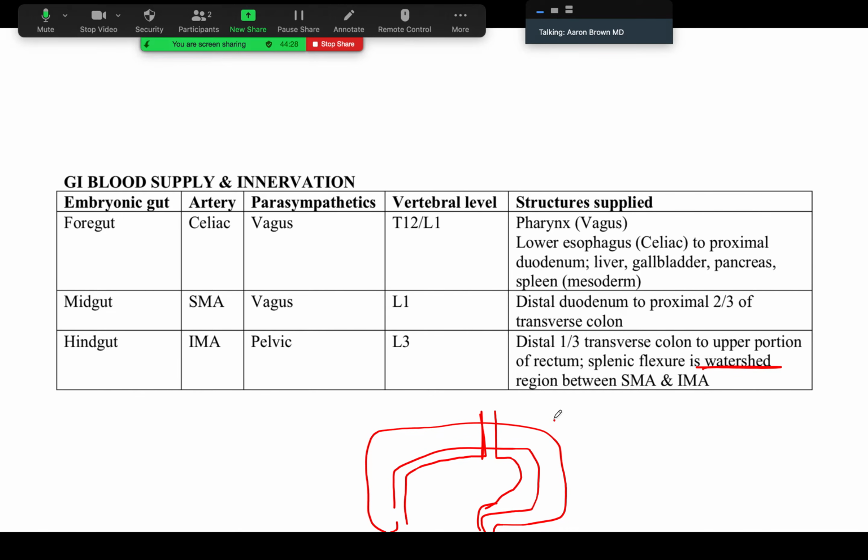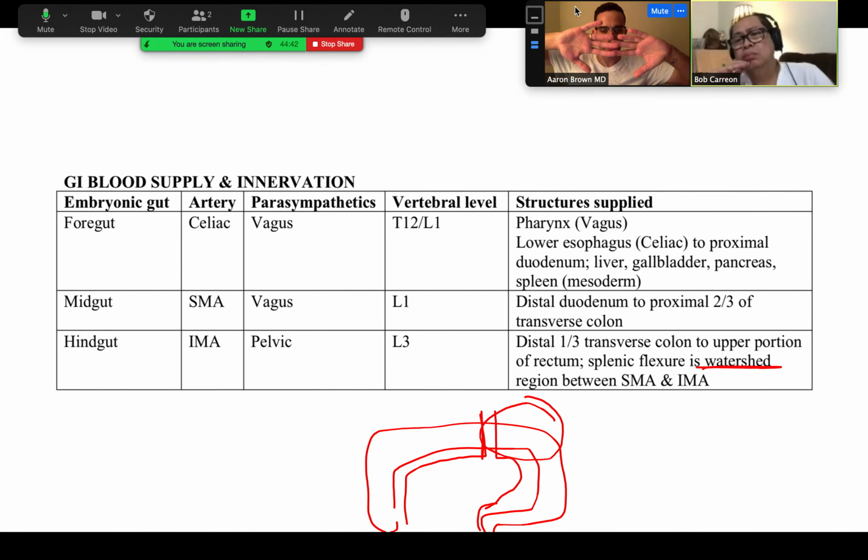Okay, and so in this area, you have the ends of one artery supply and the ends of another artery supply, such that if you start to have a little bit of a reduction in your blood pressure, both of the ends are going to be the first to lose oxygen, essentially.